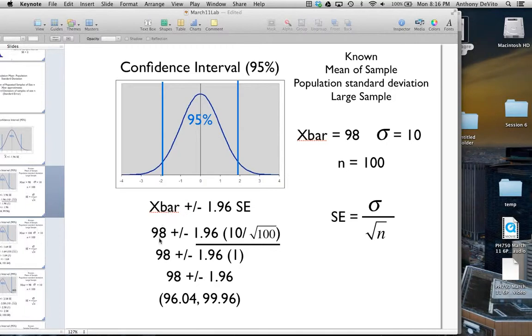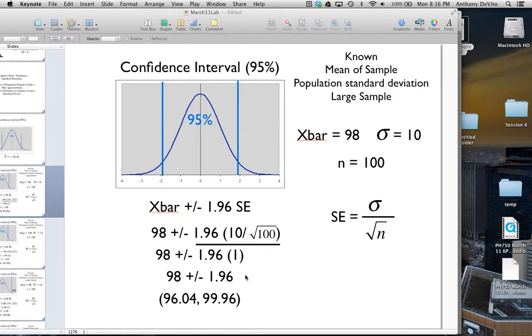So let's figure out what that's going to be. It's 98 plus or minus 1.96 times 10, the sigma, which is the population standard deviation, divided by the square root of 100, which is n. The square root of 100 is 10. 10 over 10 is 1. So 98 plus or minus 1.96 times 1 is 98 plus or minus 1.96, which comes out to 96.04 to 99.96.